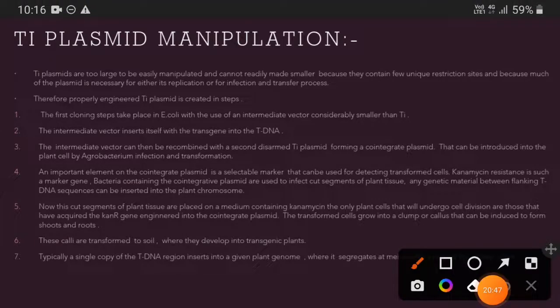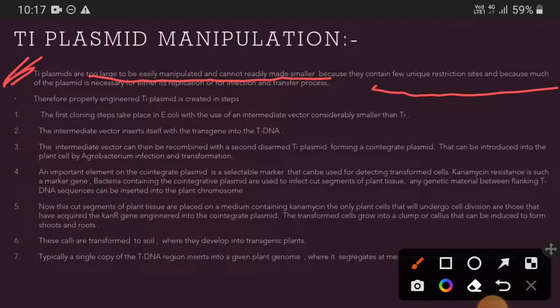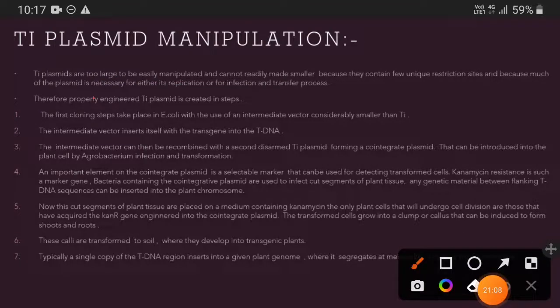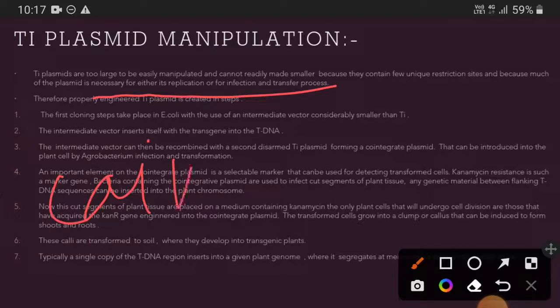This point is important: why we cannot use normal manipulation techniques, and why we need to form a co-integrative plasmid, because Ti plasmids are too large to be easily manipulated and cannot be readily made smaller, because they contain few unique restriction sites, and because much of the plasmid is necessary for either its replication or for the infection or transfer process. That is the reason we need to go for co-integrative plasmid formation.